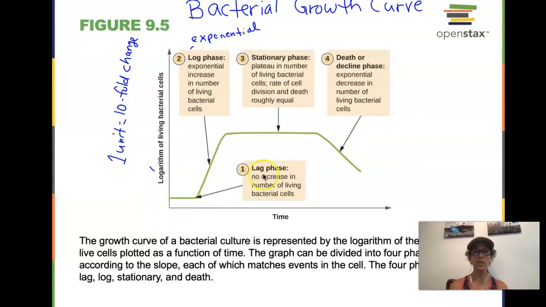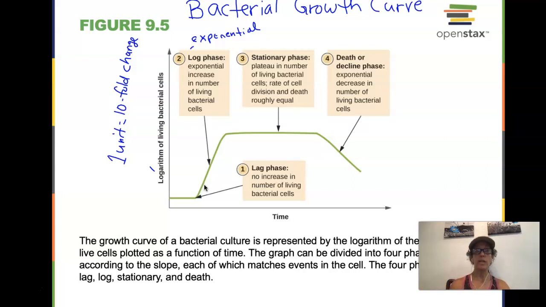The initial stage is called the lag phase, where the organisms are in or on the media and taking time to sense that environment, sensing the temperature, the pH, the amount of nutrients, the amount of space available for them to divide in. In the log phase, also called the exponential phase, we have that most rapid growth, that on a consistent time basis, every unit of that time, we double the population. As a reference point, E.